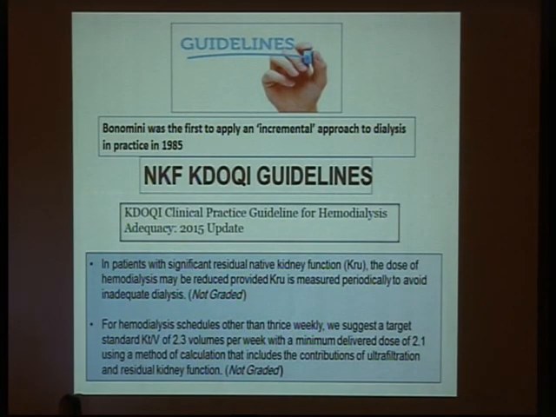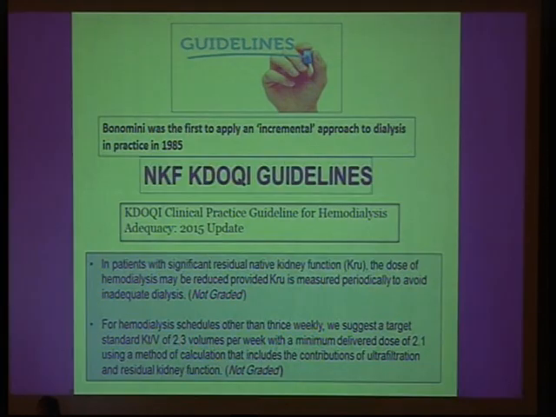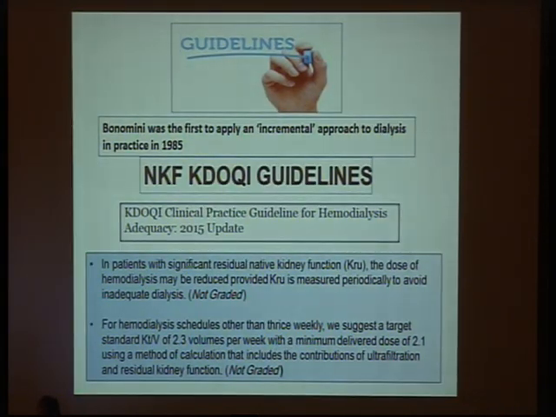Since the first use of incremental hemodialysis by Rosmini et al. in 1985, the National Kidney Foundation guidelines in 1997, and their updated forms in 2006 and 2015, still recommend the use of incremental hemodialysis in patients with significant residual renal function, and suggest a target standard Kt/V of 2.3.